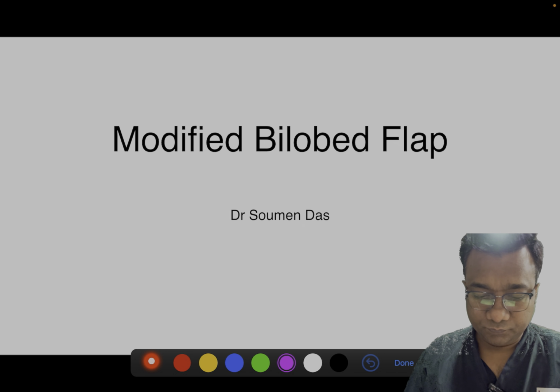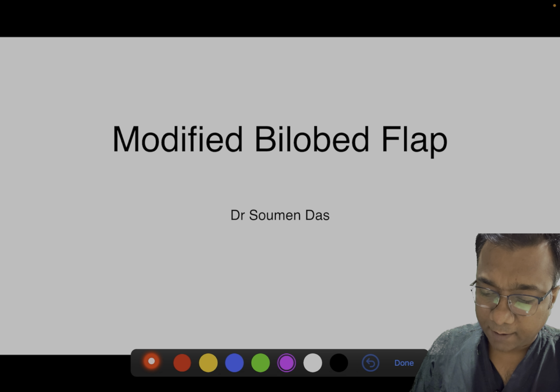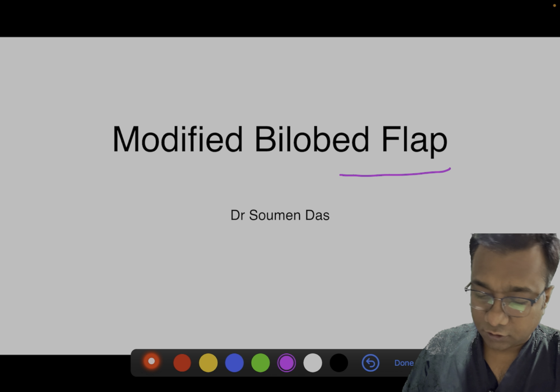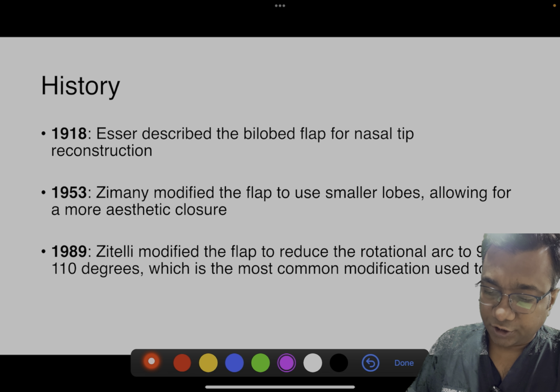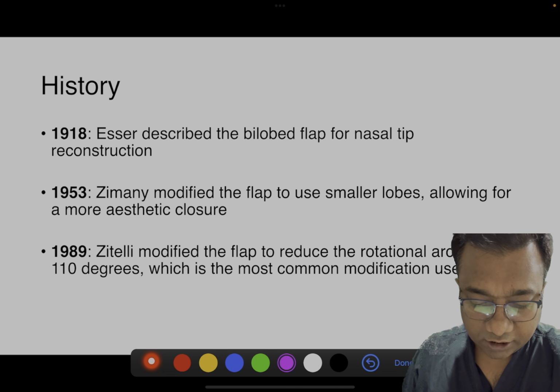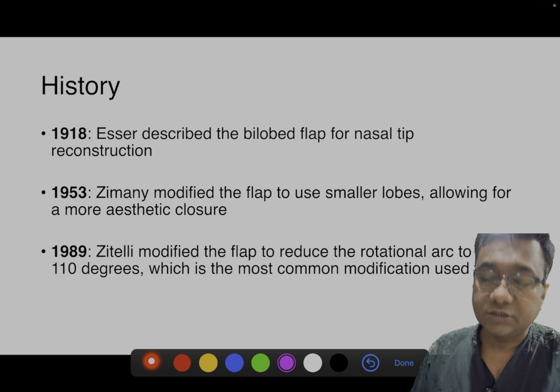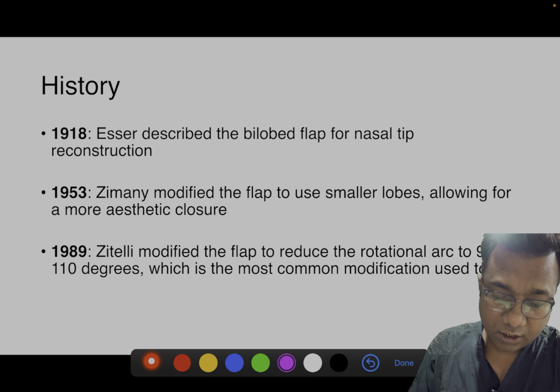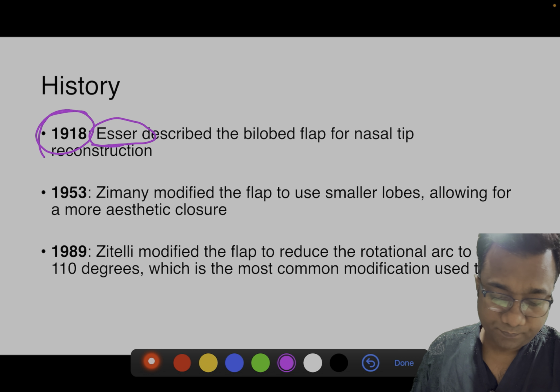Everyone, today we shall be discussing the modified bilobed flap, which is used for BCS and breast reconstruction. Now if we look at the history, it all started with Esser in the year 1918.